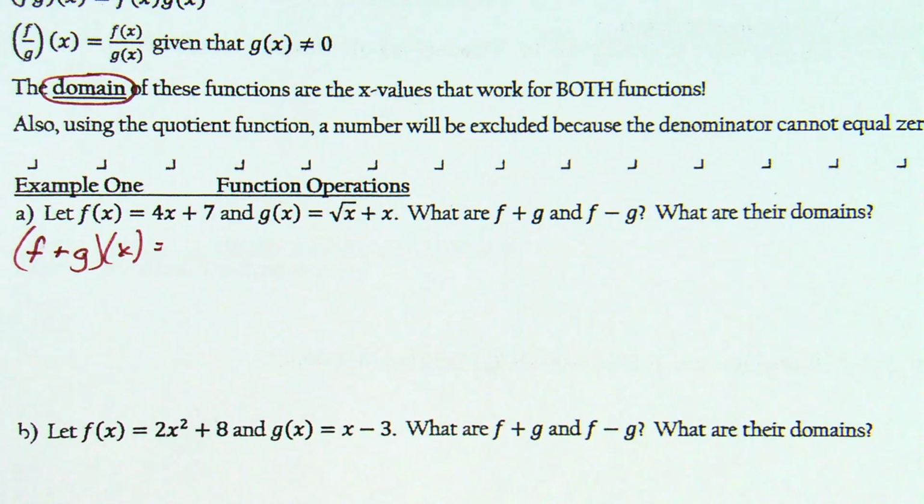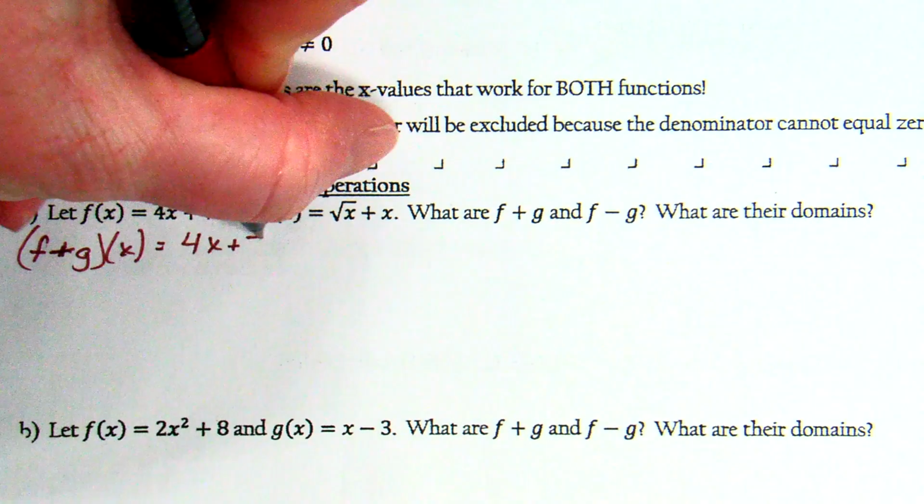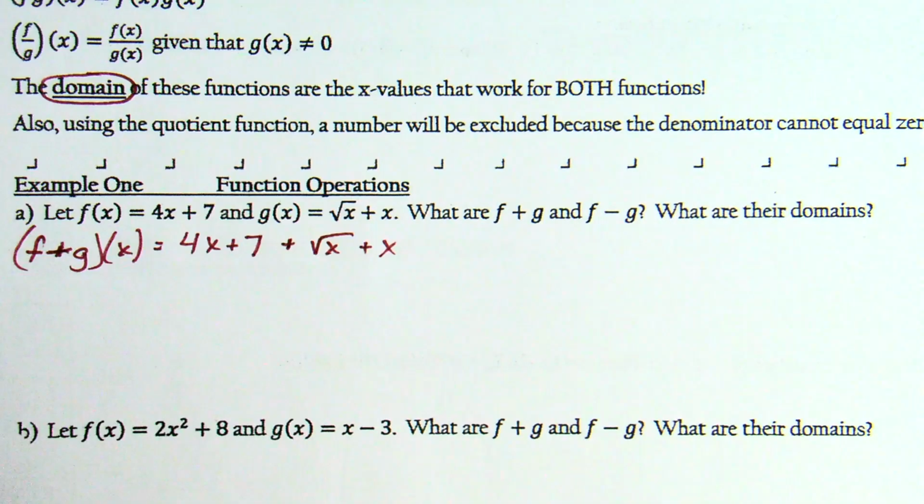That means I'm going to take f, which is 4x plus 7, plus g, which is the square root of x plus x. So, you can think of it like that, in that you're adding f plus g.